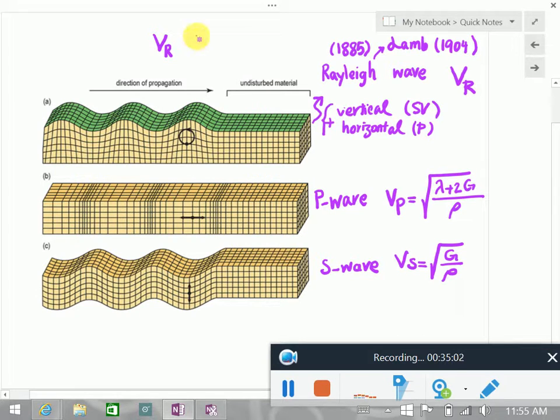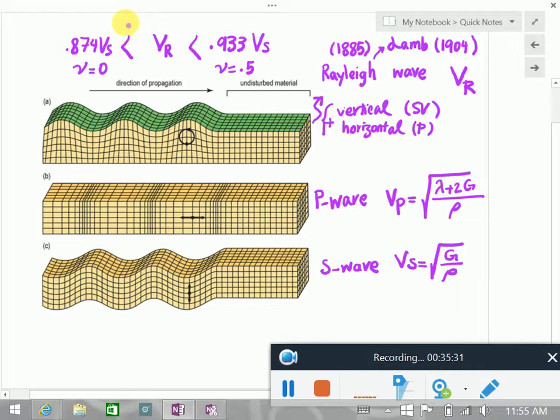Rayleigh waves, the velocity is between 0.933 times Vs. This is when the Poisson's ratio is 0.5, and the lower bound is 0.874 Vs for the extreme cases of 0 and 0.5.